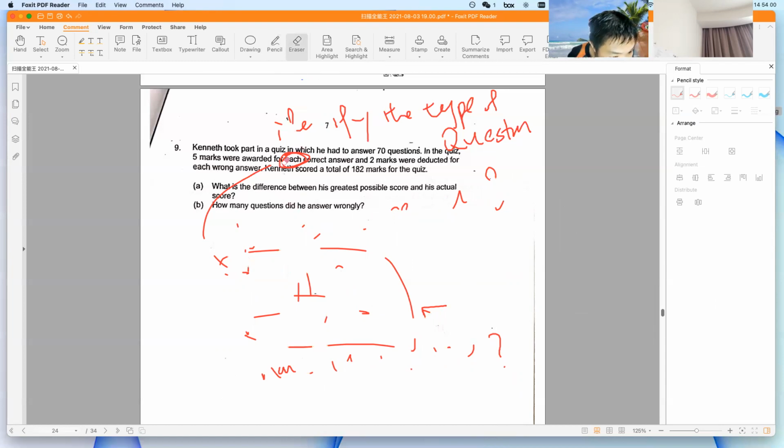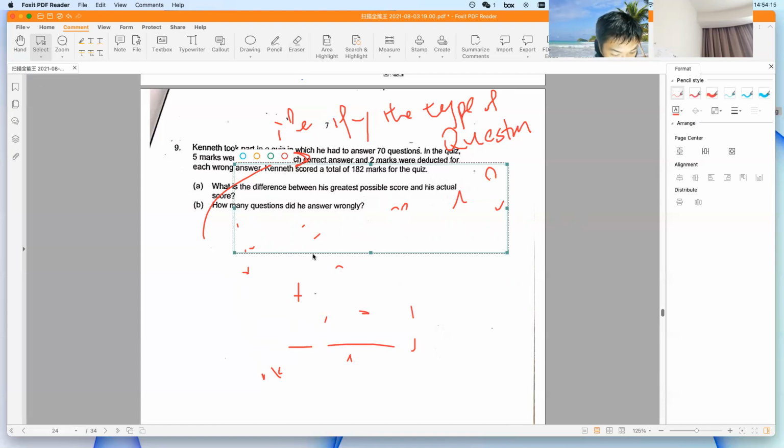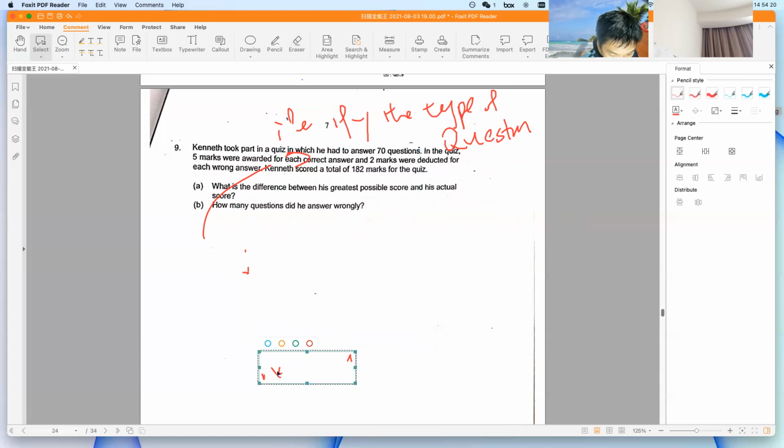Oh, do I have a faster way to clear all this? Okay, clear that first.